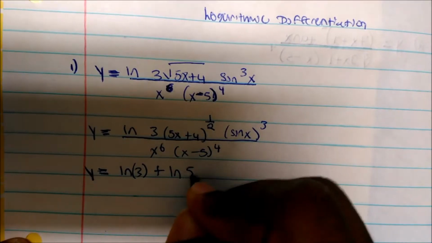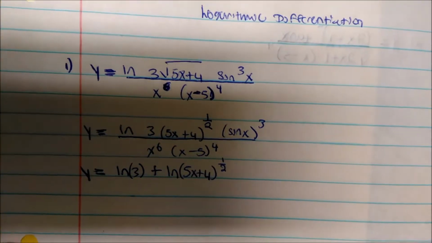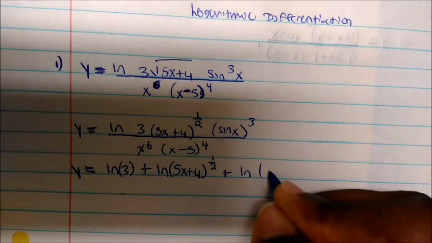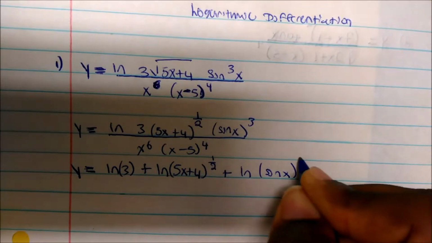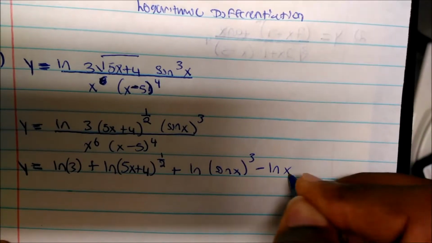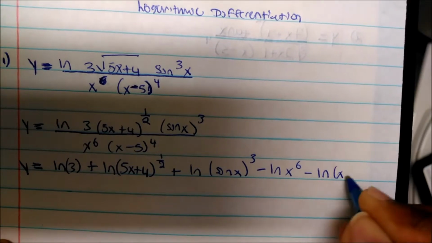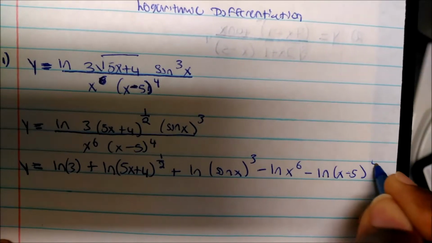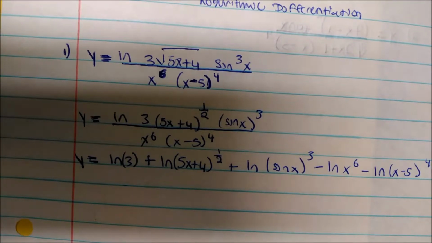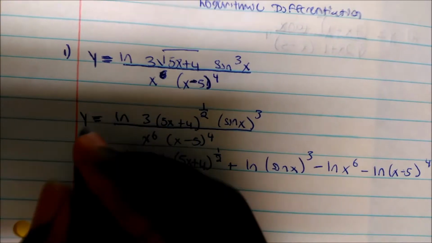This is going to be ln of 5x plus 4 raised to the 1/2, plus again ln of sine x raised to the 3rd power. I'm going to subtract that from ln of x to the 6, minus ln of x minus 5 to the 4th power. So now that I have it in sums and differences, the log rule says I can just bring down my exponents.